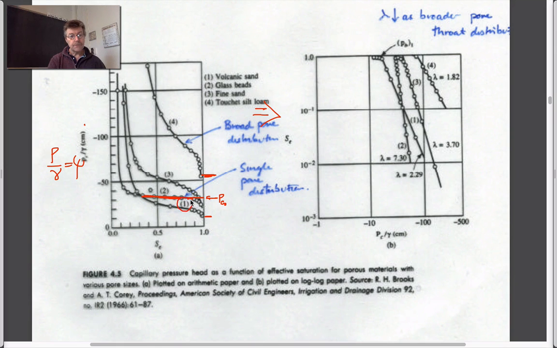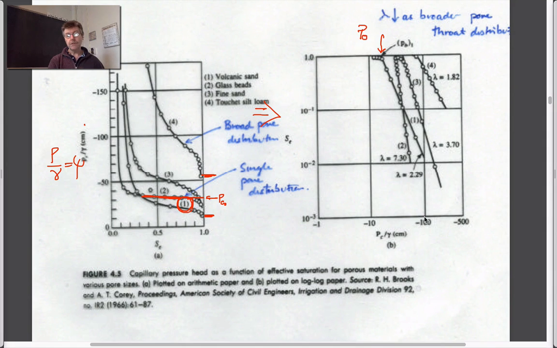Data for curve number 1 are this one. Which one? Well, let's ask ourselves which would be. I guess we could figure out the simplest one, the one with the lowest entry pressure. This is capillary pressure on the top.